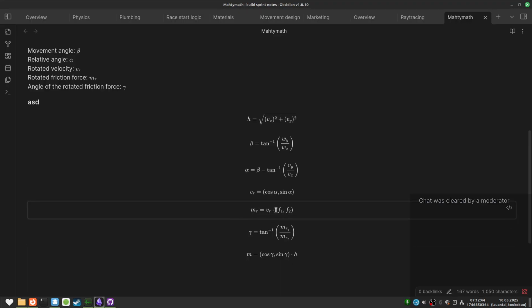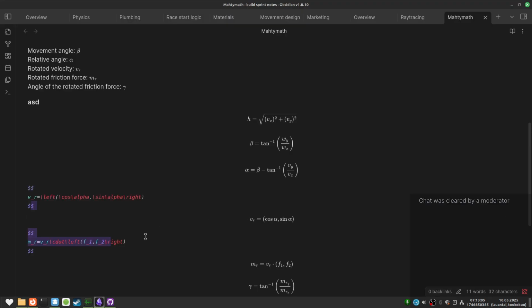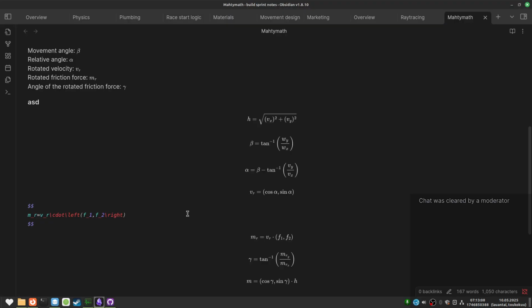This also has a length. Yeah, because if I multiplied this by h... Now this would be the rotated friction force with the length.